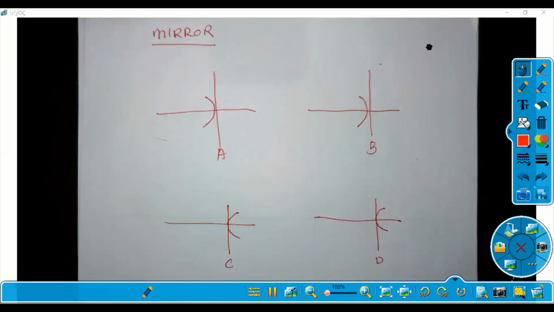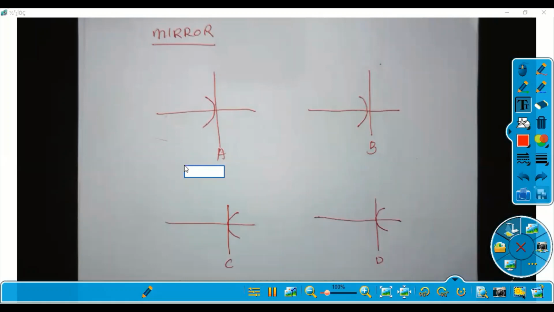mirror. And the other one, so A can be a concave mirror, B can be a convex mirror, and C can be, for example, if I say that this one is a concave mirror, let me do something, concave mirror.